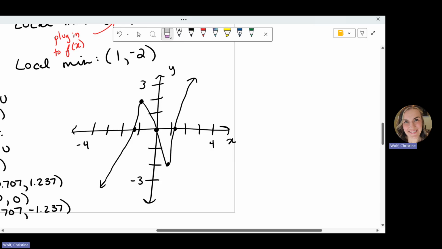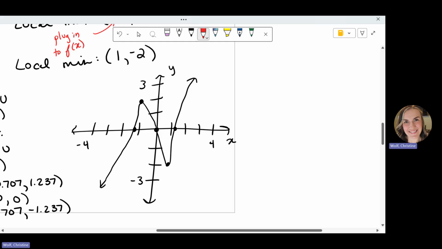Something like that, right? And what you can just do now is confirm that all of your other points are making sense. So what I mean by that is our inflection points. I should have an inflection point at around negative 0.707 and 1.237.